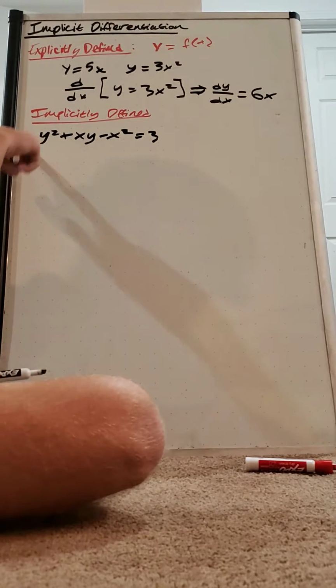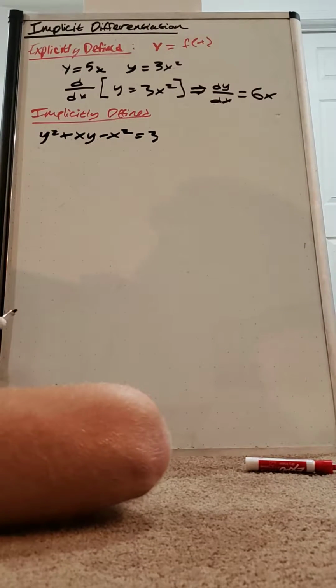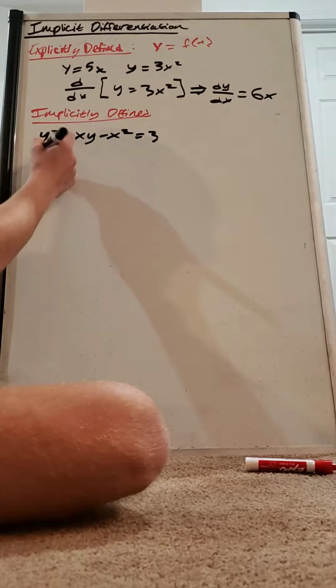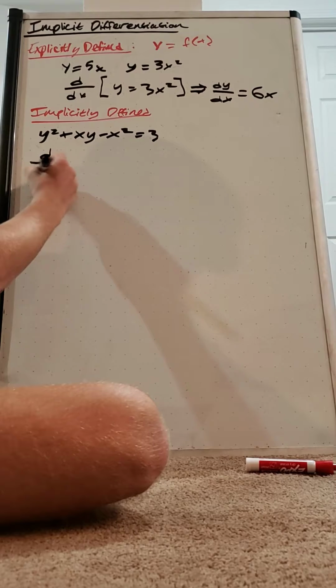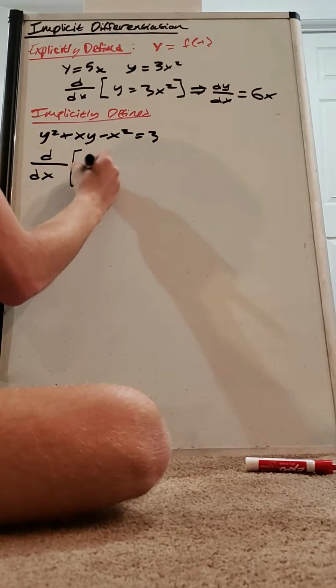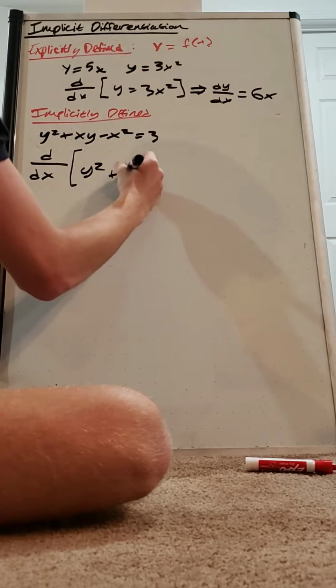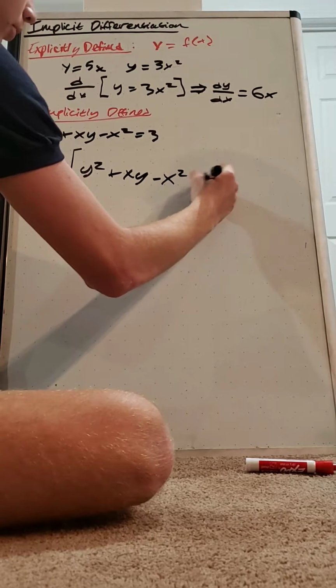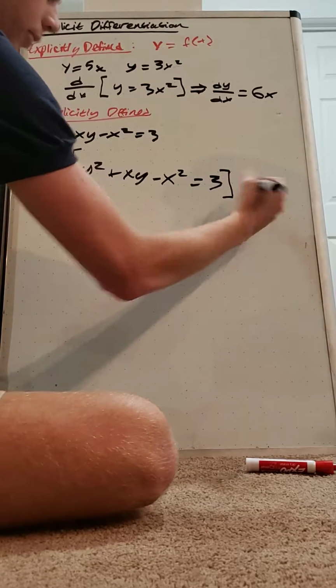We can't use this to write an equation in terms of y. So to take the derivative of this, we have to use implicit differentiation. And this really isn't too difficult. There's just one thing we have to go over first.